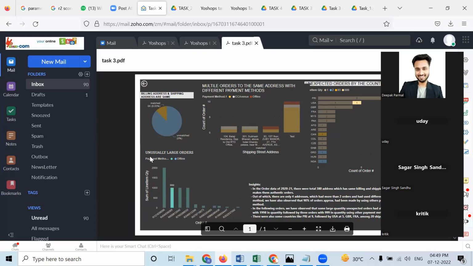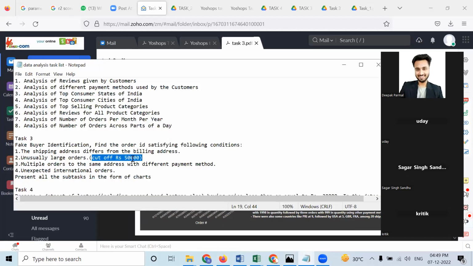Like unusual large order. But this many are there. This many orders are there above 50,000. No, right? No, ma'am, it is showing 2,000 only. Sum of line item should not be taken, Tripti. I have mentioned here, the cutoff is 50,000.